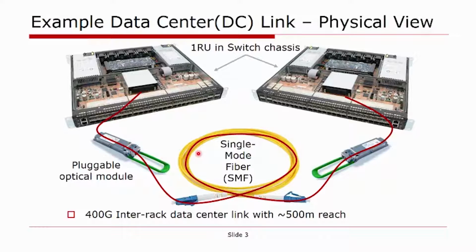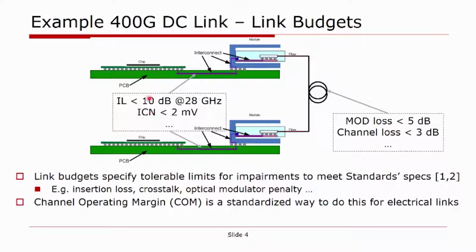If you look at this link in a little more detail, in the schematic view shown here, it shows the switch ICs on a package sitting on a PCB, talking to the optical transceivers in these pluggable optical modules. Then the data goes over this long single mode fiber, and then we have the corresponding receiver circuits on the other side.